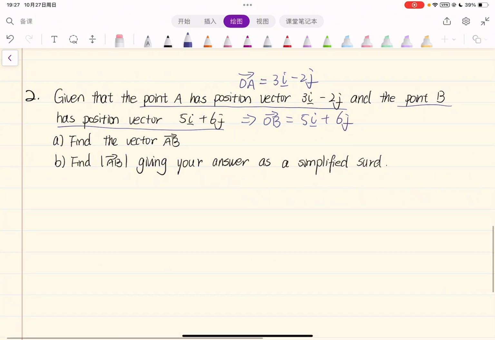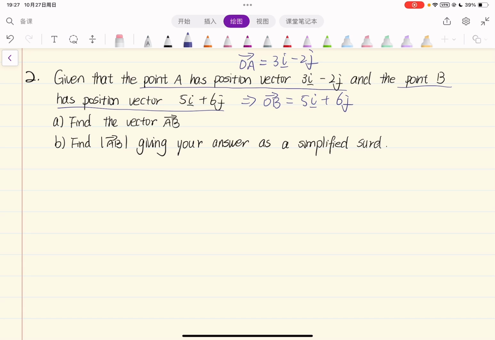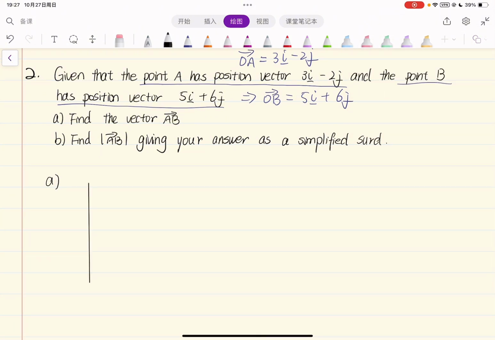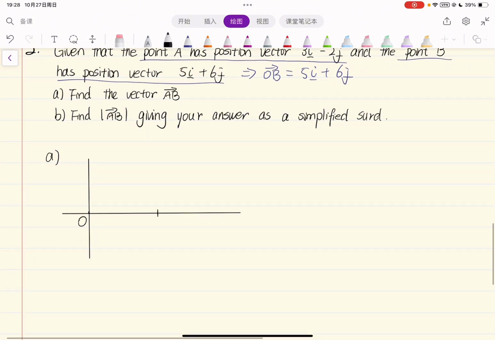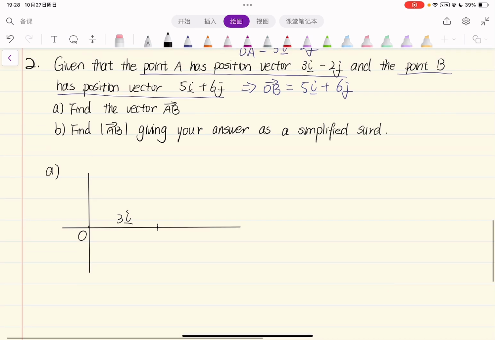So we can do a sketch of that. We have the fixed origin, and A has a position 3i minus 2j. So here is 3i and minus 2j. So we have the point A over here.